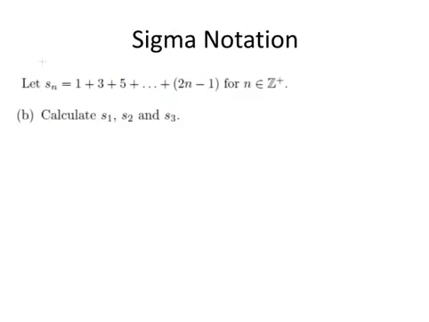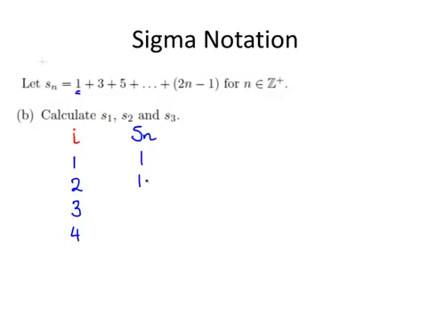The next one is evaluate S1, S2, and S3. I'm actually going to go a bit further than that. First off, let's write in our indices here. The first case is 1, the second case is 2, 3, 4. These are just the case numbers. Now, S of n in the first case is simply 1.